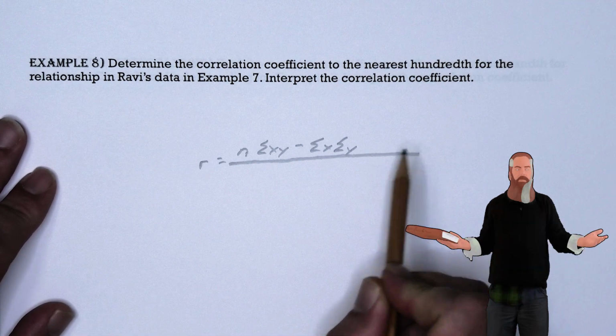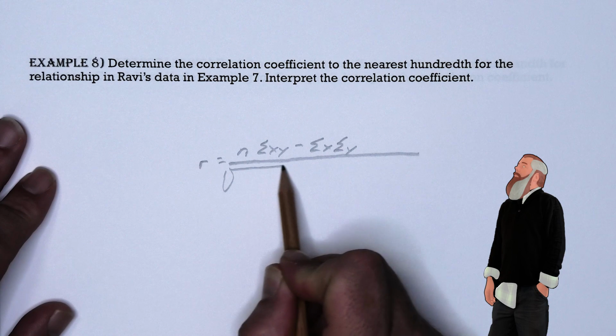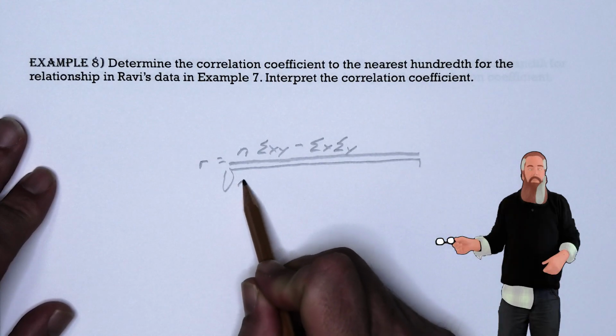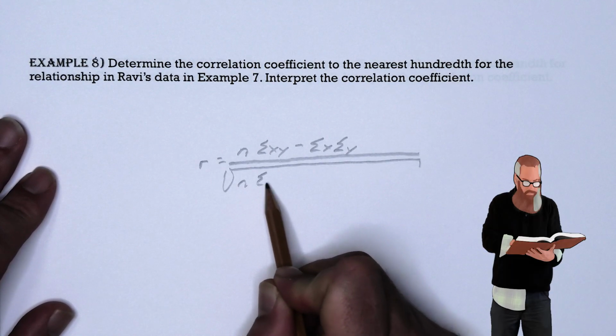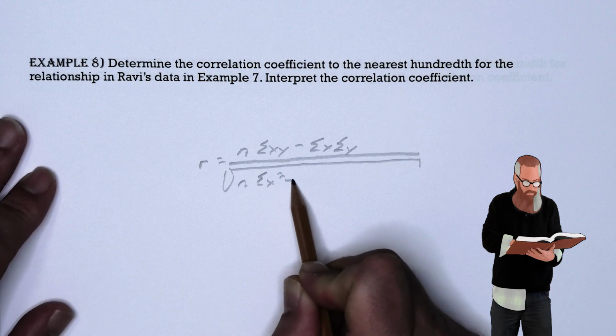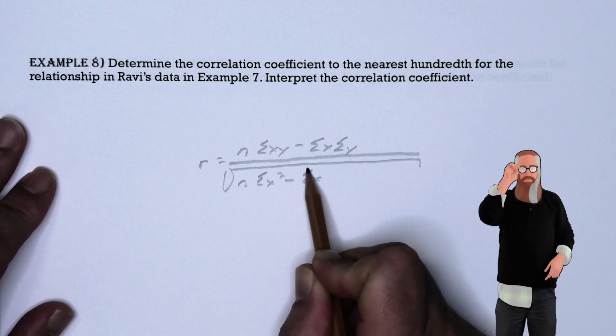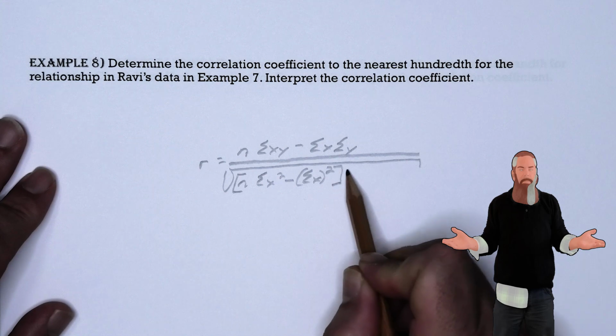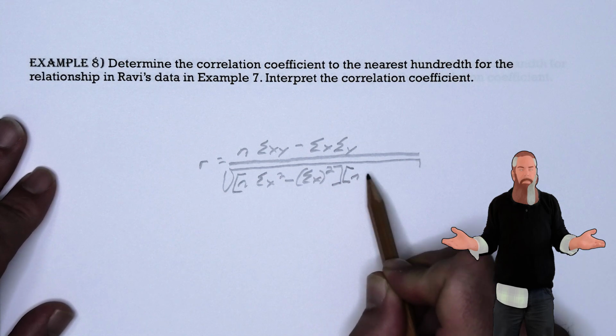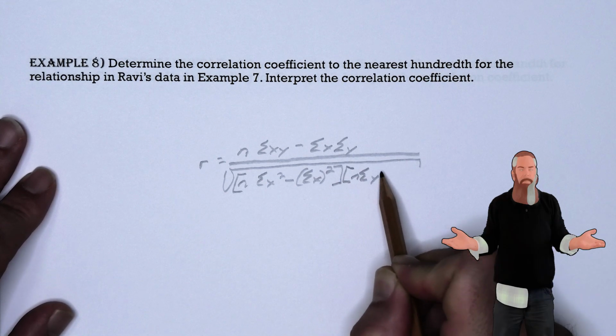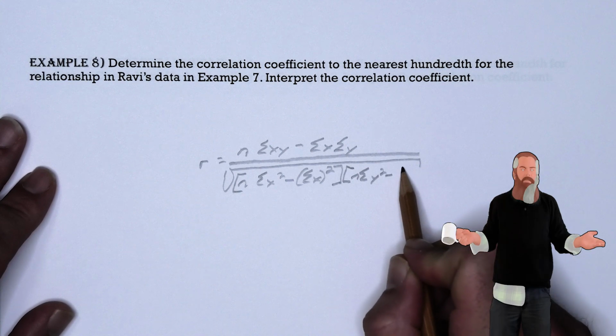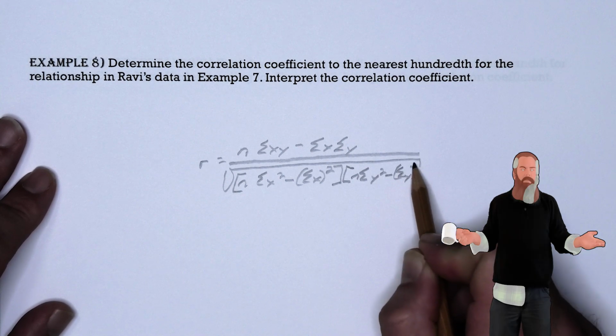All of this will be divided by the square root of the number of entries times the sum of x squared minus the sum of x, squared, and that being multiplied by the number of entries times the sum of y squared minus the sum of y, squared.